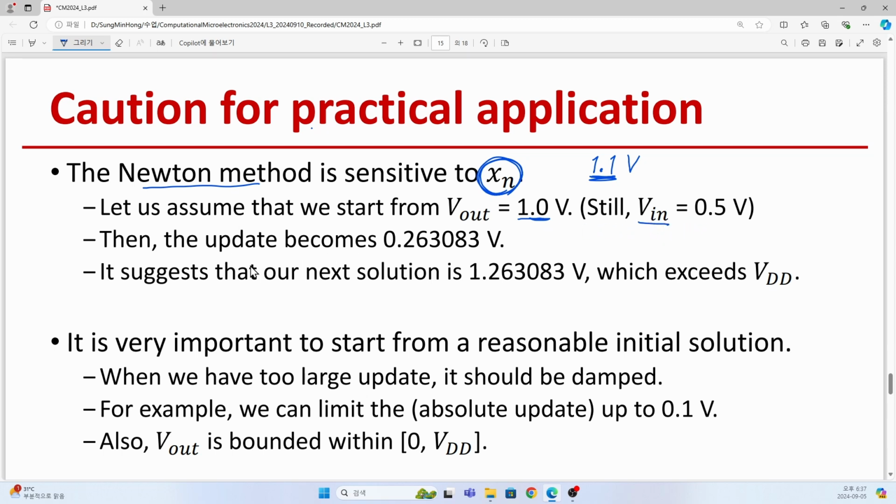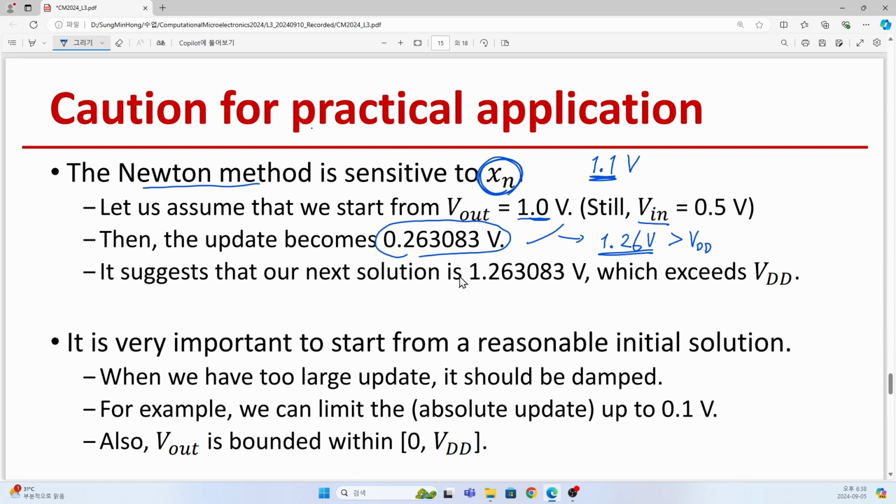Then the update calculated in exactly the same manner just becomes 0.26 volt. What does it mean? If we just directly apply this Newton method, then our next solution becomes 1.26 volt, which is even higher than VDD value. And usually that doesn't happen in our CMOS inverter. So obviously, this one gives us a wrong result.